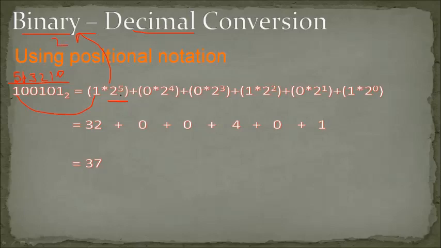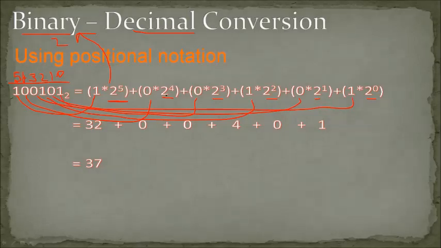The 2 we use everywhere. Based on these positional values, you can use 2 power 5, 2 power 4, 2 power 3, 2 power 2, 2 power 1, and 2 power 0. Keep in mind what I said: anything power 0 is equal to 1.